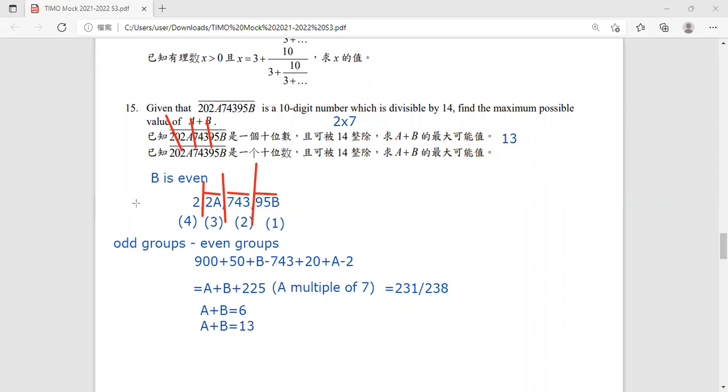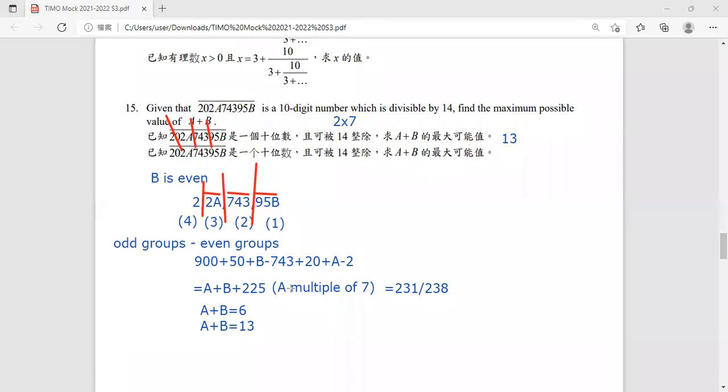Then you name the groups from 1 upward. We have 4 groups now. So you take the sum of the odd groups, which is 95B, or 900 plus 50 plus B, and 20 plus A, because 2A is 20 plus A, and minus the even groups, minus 743 and minus 2. Finally, we got A plus B plus 225.